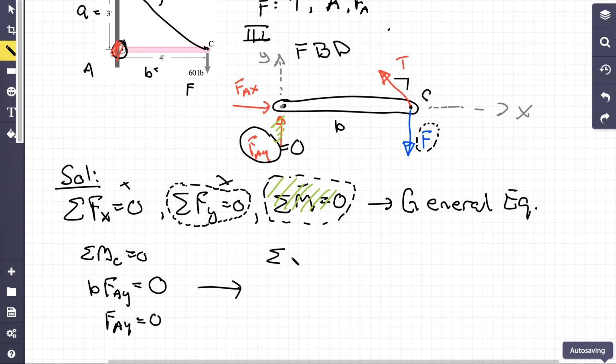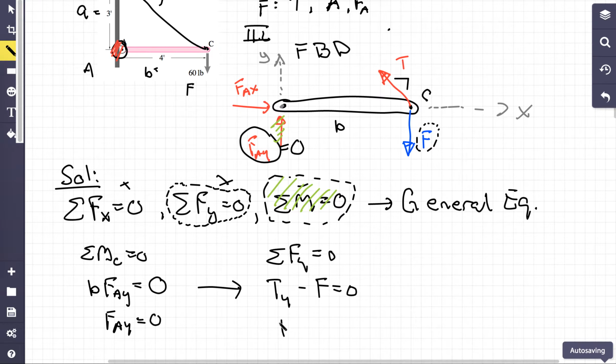So the sum of the forces in the y direction is equal to 0. So we have TY minus F, where everything in the positive y direction is positive, equals 0.